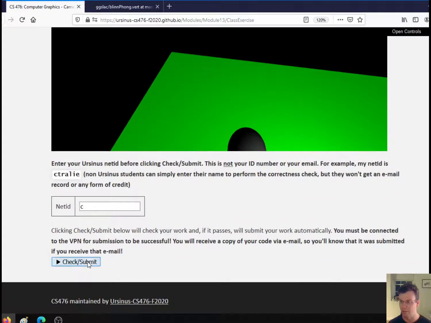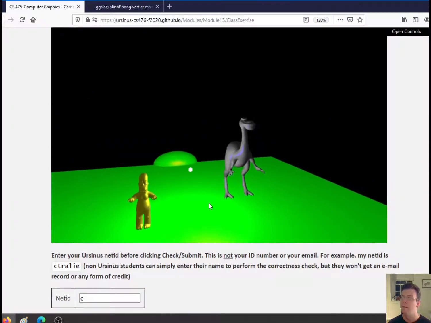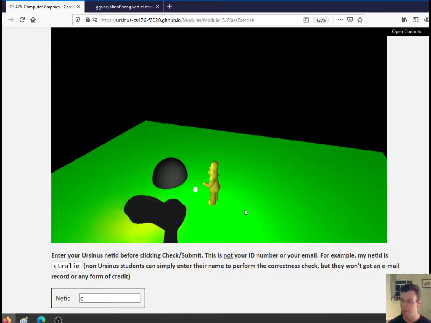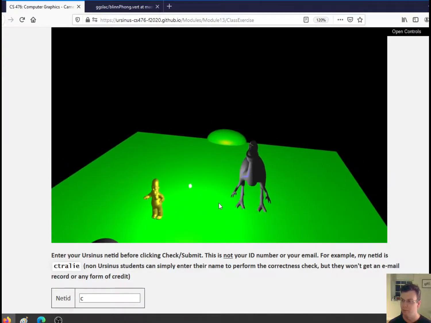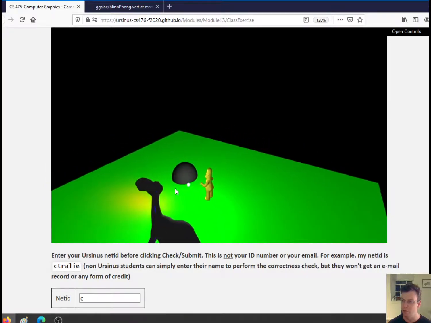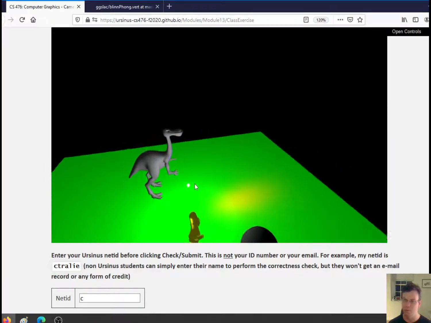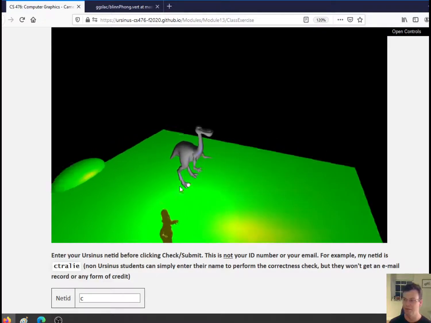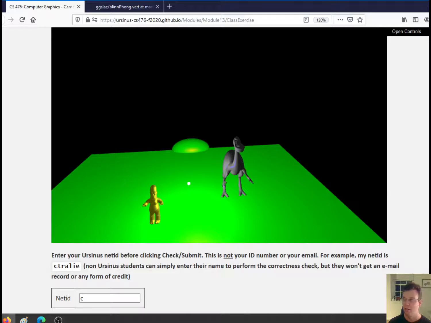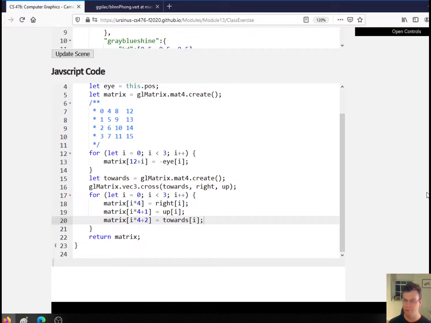Hang on, let me reset here and we can look again. But see, no matter where I am, the center of rotation is the center of the scene. And that's not what we want. This is not how a person would move if they were moving their head, right? They don't suddenly rotate around the center. So we have to be a little bit careful with how we specify.